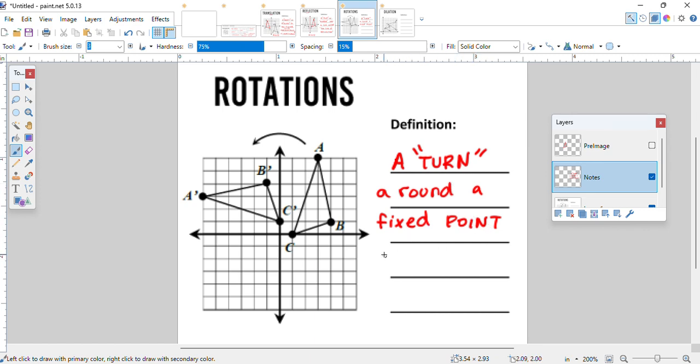And we call that point specifically the center of rotation. I did not give myself a lot of room here, my apologies, guys. Center of rotation.